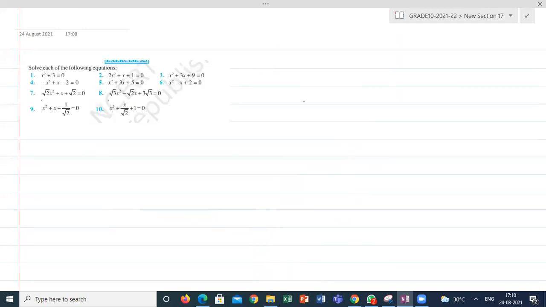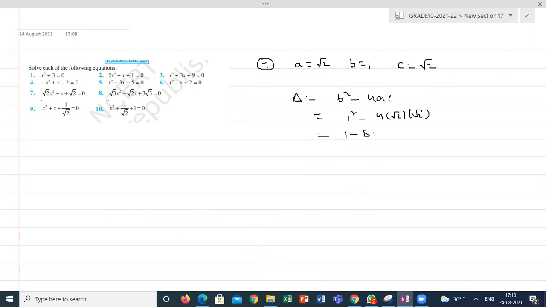Seventh question. Your A is equal to root 2, B is equal to 1, C is equal to root 2. So delta is equal to B square minus 4AC. This will be 1 square minus 4 into root 2 into root 2. This is 1 minus 8, that is minus 7. So root delta is equal to i root 7.